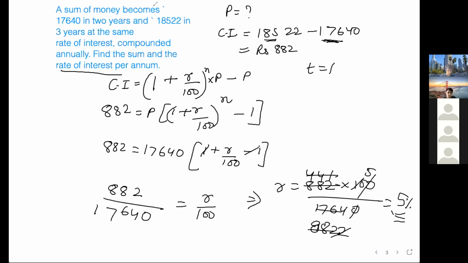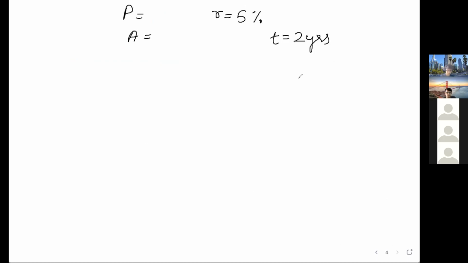Sum के लिए what we'll do now, what do we have, we don't know P, initial sum, rate we have calculated, so rate तो same रहेगा, right, and we know the amount also, we know the amount at the end of 2 years. What is amount at the end of 2 years? 17640, ठीक है.